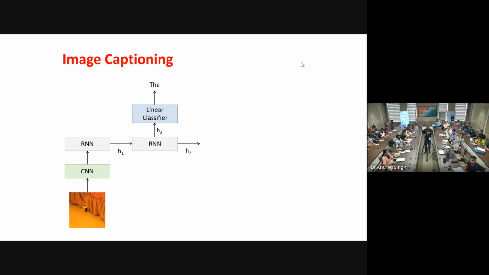I'll give these inputs one by one, and by getting these inputs, I will be in one state, and then I'll be able to describe the output. So I can describe that there is a dog sitting under the, you can say, bed, whatever is the activity.